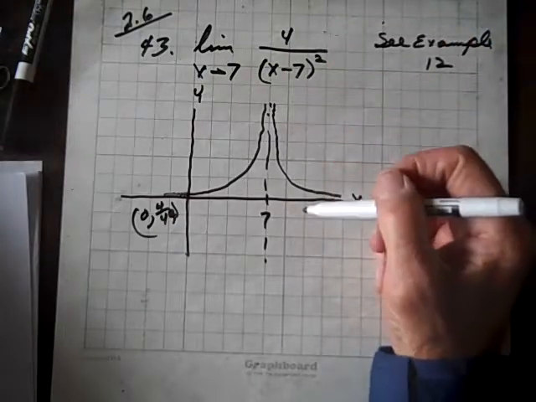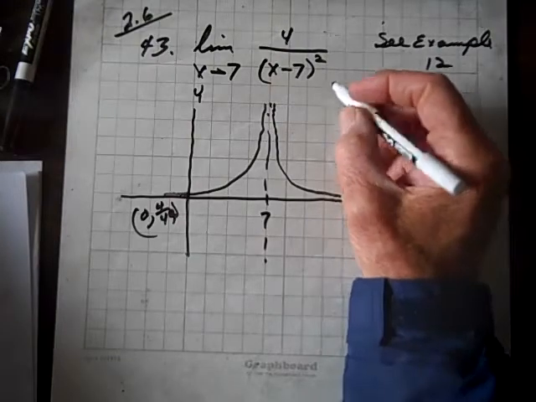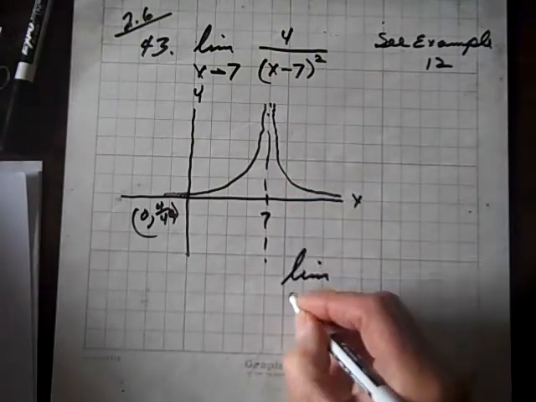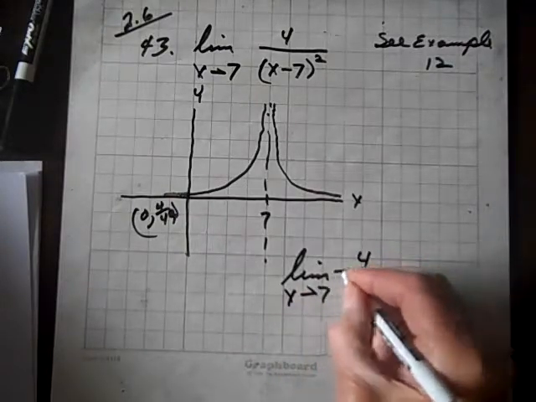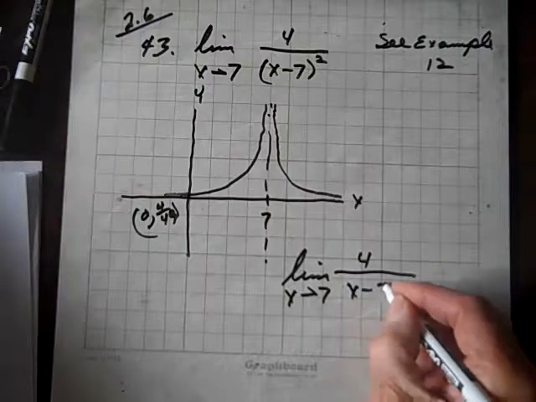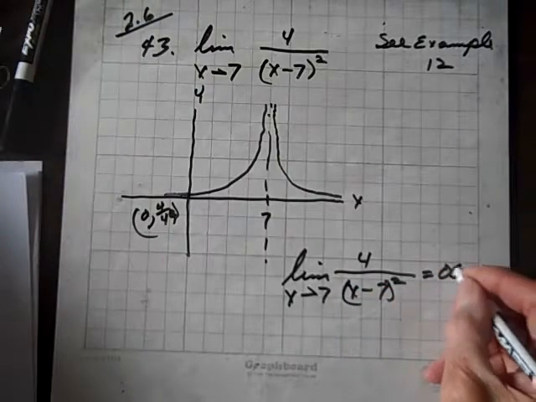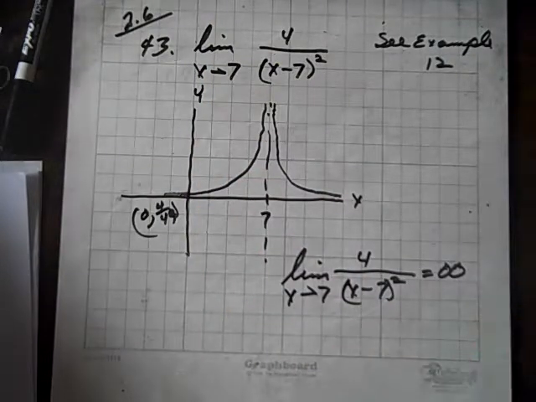So it's going up forever. And so the limit as x goes to 7 of 4 over x minus 7 squared is infinity. Both sides going in the same direction, going to infinity.